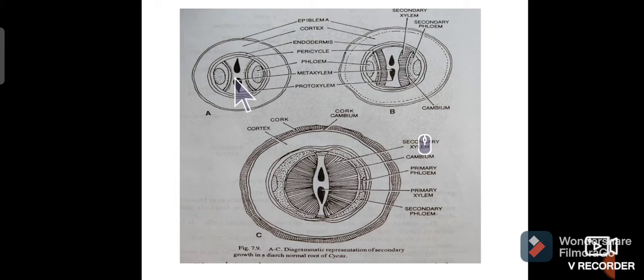Meristematic cells are those actively dividing cells which form new tissues. So at the beginning, the few parenchymatous cells present between the xylem and the phloem, surrounding the phloem, become meristematic and start functioning as a cambium.